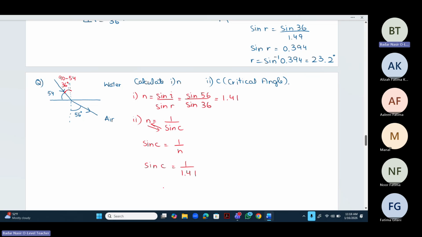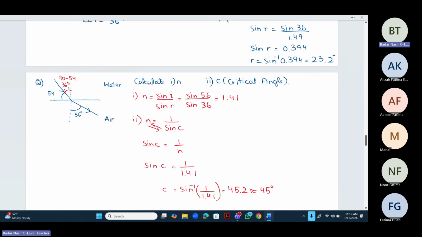Now if I shift sine to the other side, I'm going to take sine inverse of this whole expression. So sine inverse of 1 over 1.41. We get 45.2. And if I round off the answer to two significant figures, 45 degrees is the critical angle.